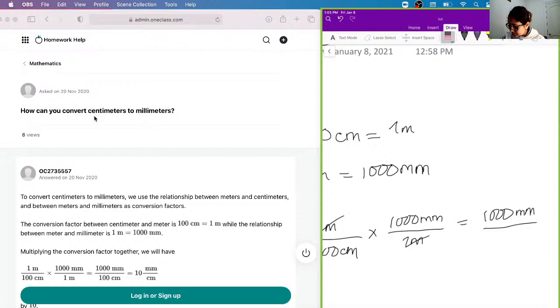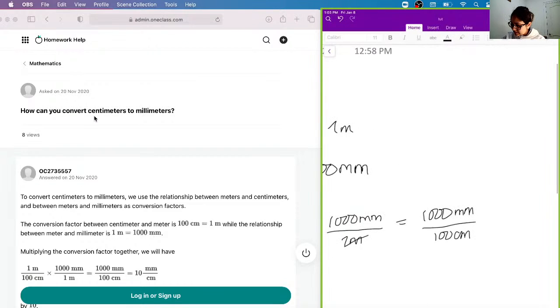So this would equal 10 millimeters over centimeters.